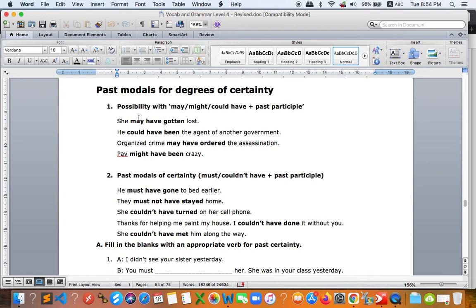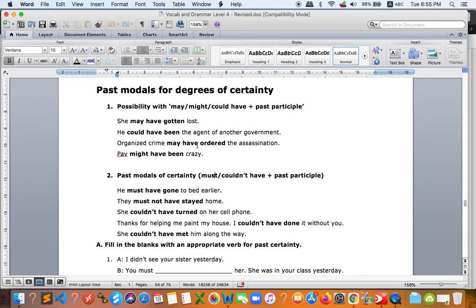But we would like to put could with certainty, though it's not about 100%. It's not like must, because must is stronger. Could is somewhere below must. If must is something like 90%, then could should be 70 or 80. It should be somewhere right there. So once again, everybody, with past modals we talk about the degree of certainty in the past, not in the present.